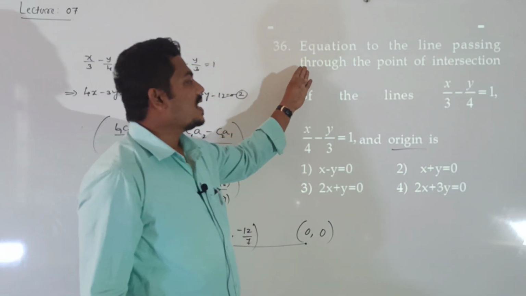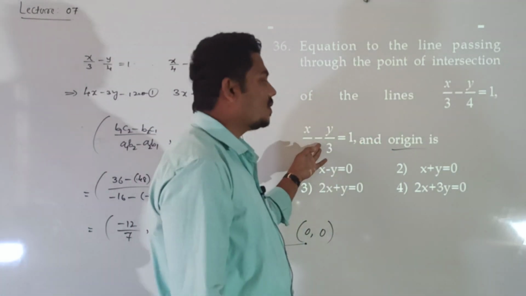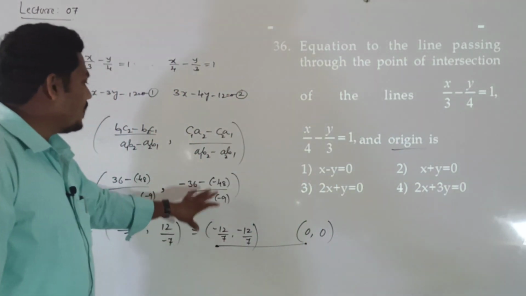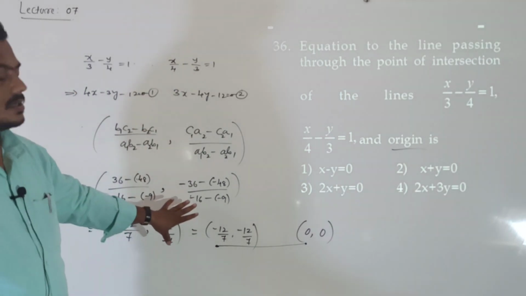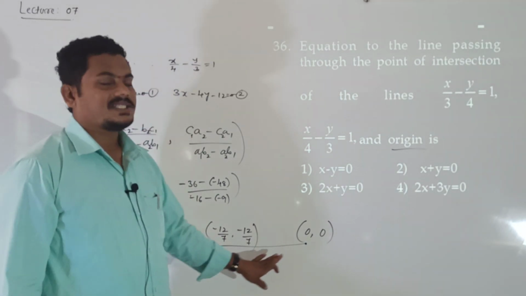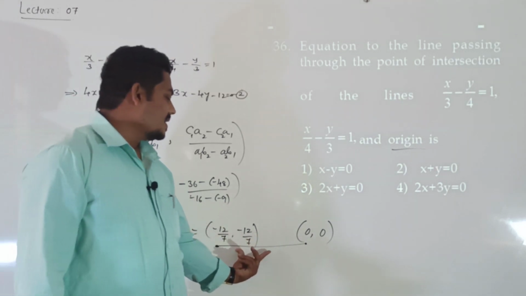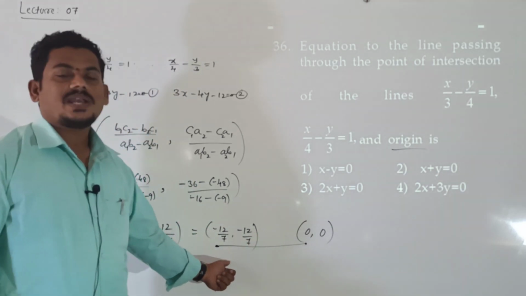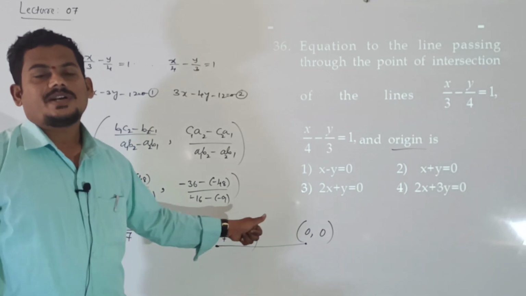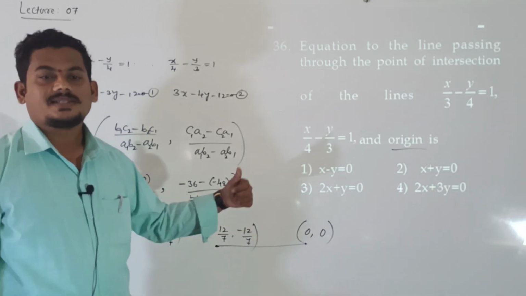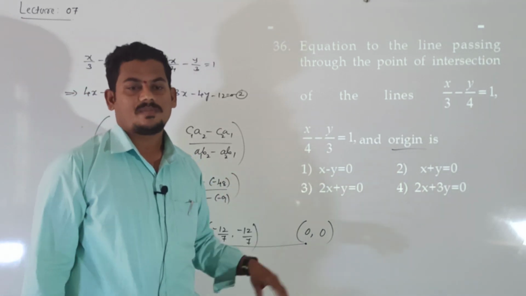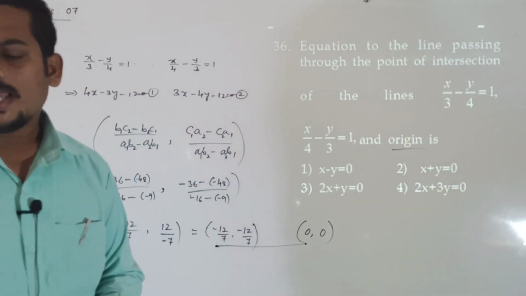Our required line passing through intersection of these two lines and origin. First point of intersection. After getting point of intersection, just use 2-point formula and simplify. Y minus y1 is equal to y2 minus y1 divided by x2 minus x1 into x minus x1. Just simplify, then you get required answer.